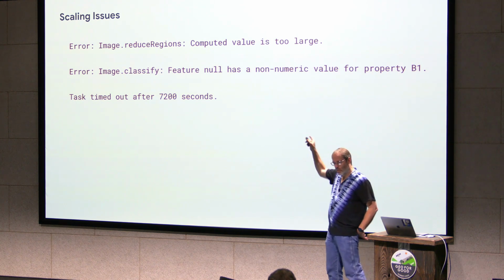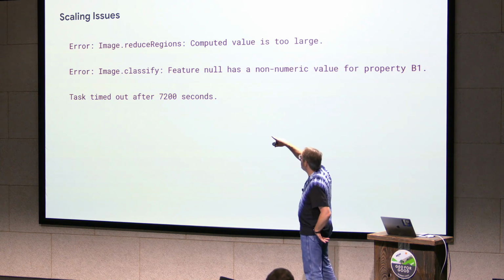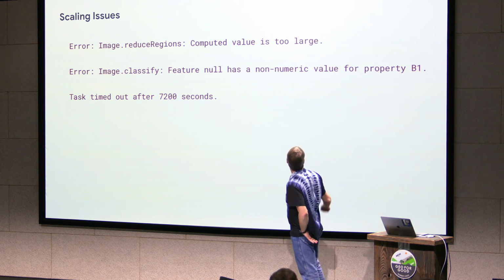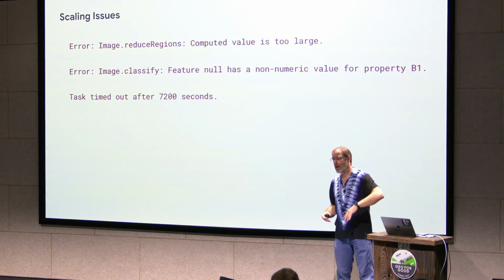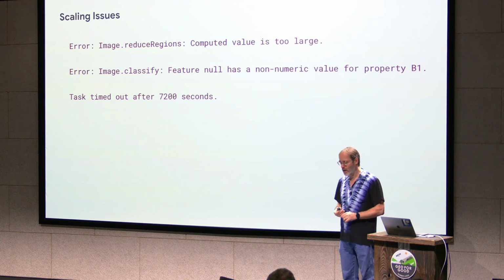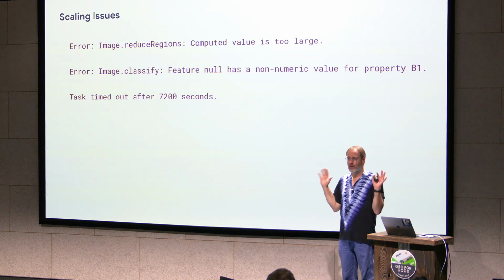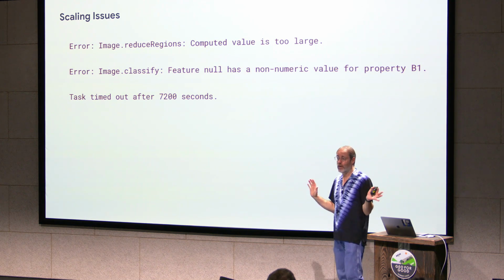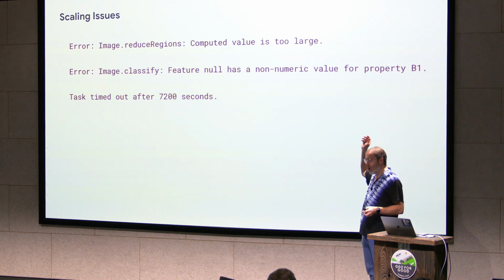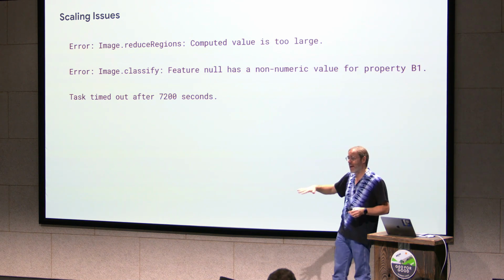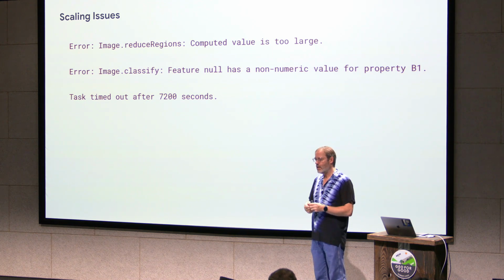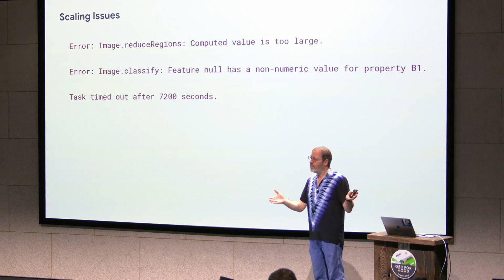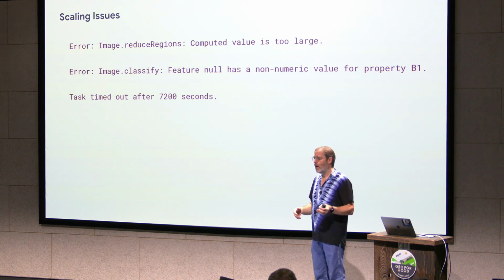A real common problem, you'll end up with an error that says feature has a non-numeric value for some property. This is usually when you're sampling data and you're trying to stuff that data into a classifier. The classifier will say, partially filled vector, I don't know what to do. This almost always happens because some of the bands are masked, especially on Landsat. So you're trying to get all of the surface reflectance bands of Landsat.